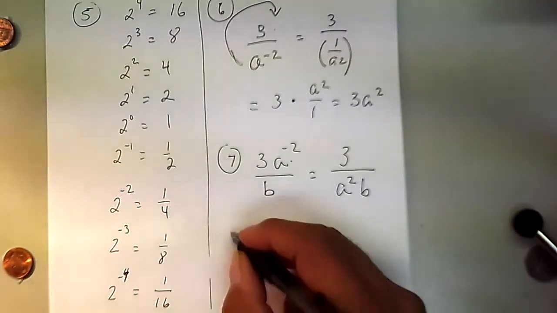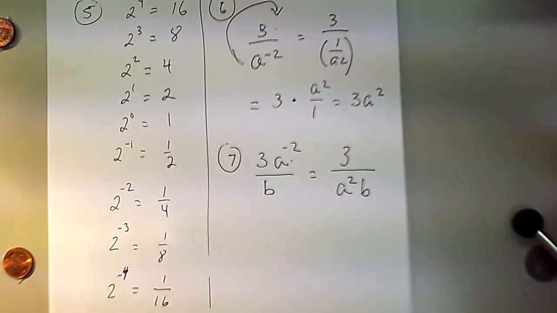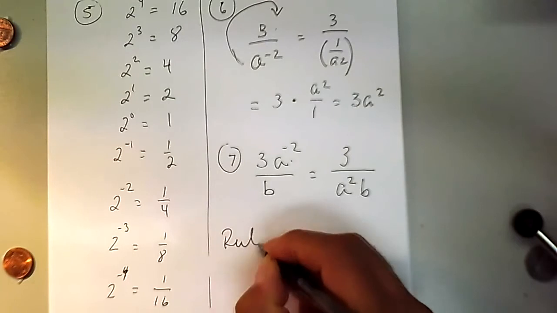A rule is that the exponent is attached to only one of the factors. So this is a rule.